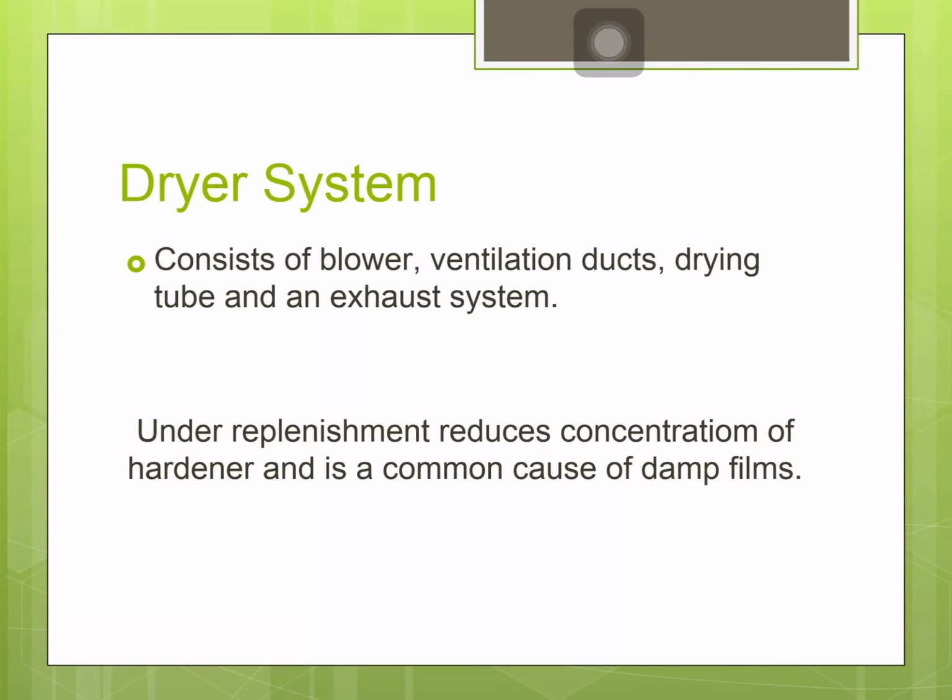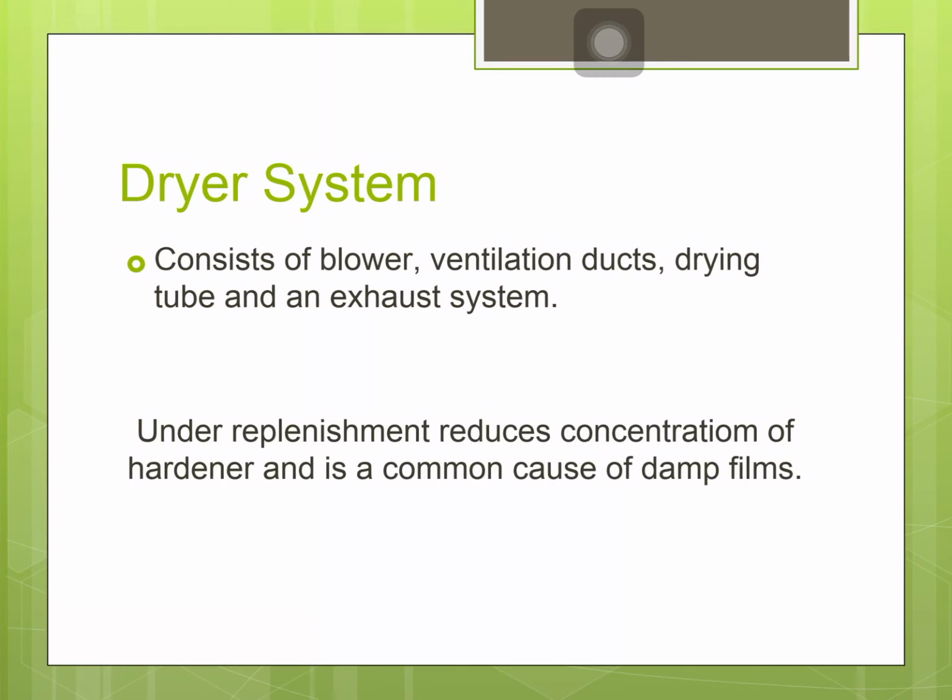So next, to our circulation system, for our automatic processor, we have a dryer system. Katulad nga ng sabi ko sa inyo, pag ipinasok natin yung image na na-expose sa ating automatic processor, lalabas siya na may contain ng manifest image and dry yung ating film, dahil inside our automatic processor, we have a dryer system.